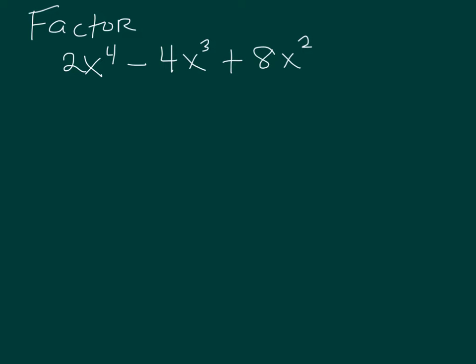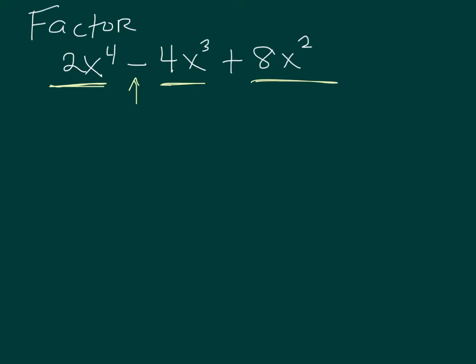In order to pull out a greatest common factor for these three terms, I'm actually going to look at each of them individually. And for the moment, I'm not going to include any of the signs. I'm just going to look at these as they're written. Okay, so 2x to the power of 4 is actually already factored.